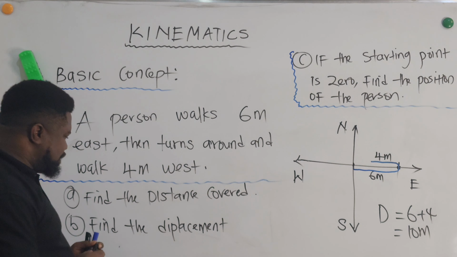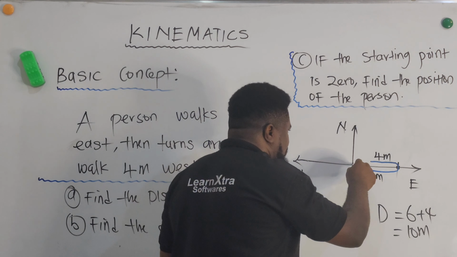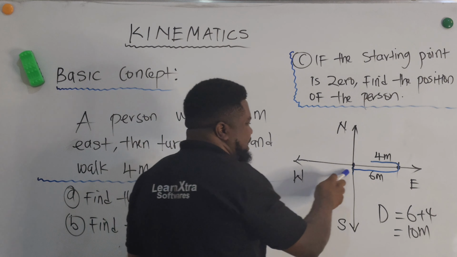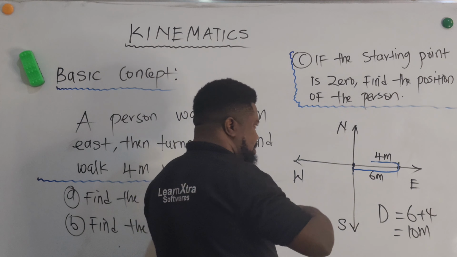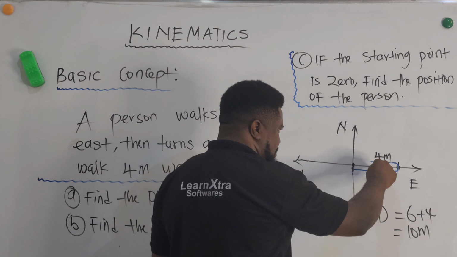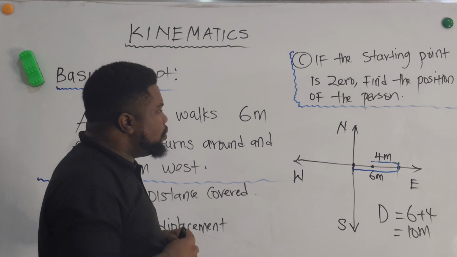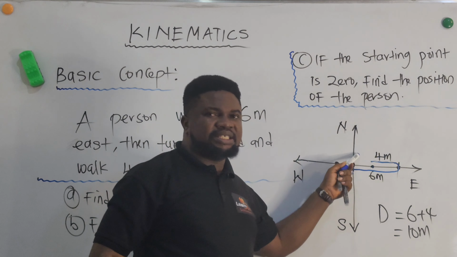Now displacement. Displacement here, as you can see, we assume that he started from this origin, this point. Now he walked 6 meters. He now came back 4 meters. He is now somewhere here on the x-axis. Now, displacement is not the distance he covered.